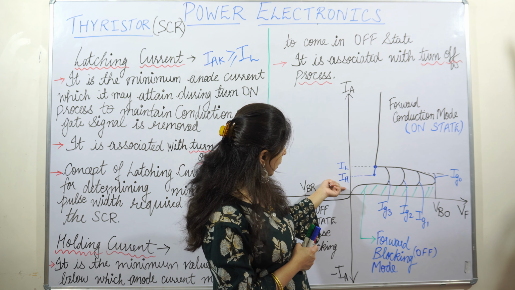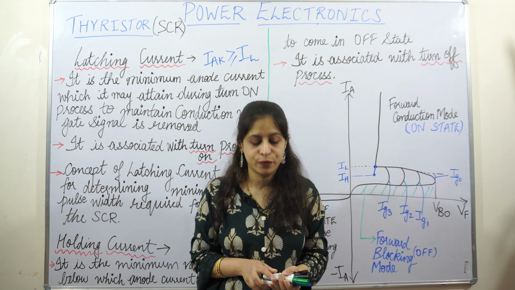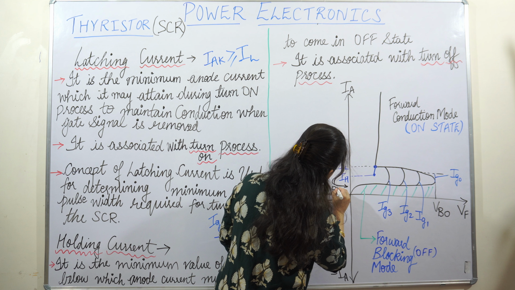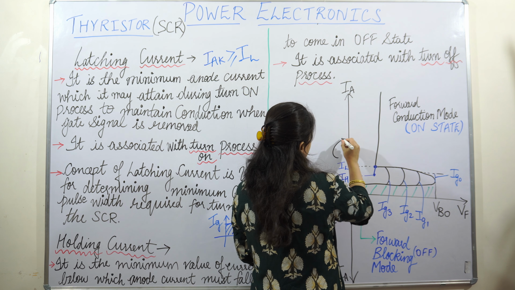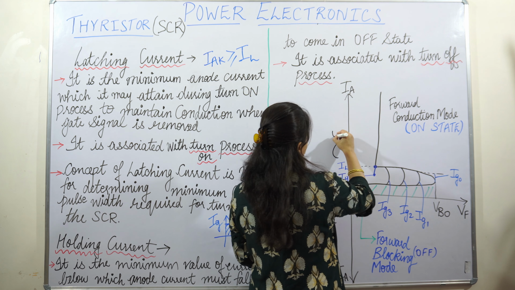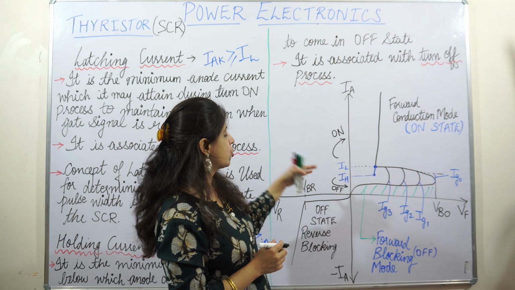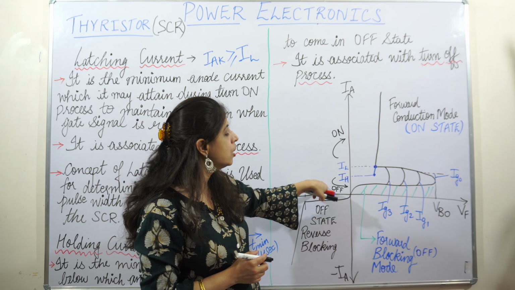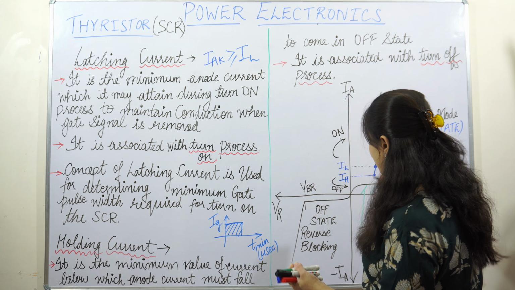Below this holding current, the SCR will be in the off state, and beyond this latching current, SCR will be in the on state. Okay, so it is associated with the turn off process of the SCR.